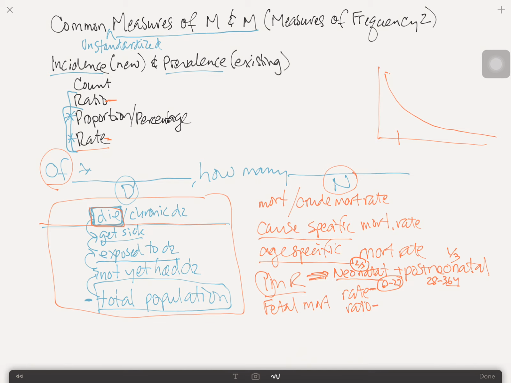So the very early part of an infant's life is this really dangerous part where you have mortality happening, and then it drops off. Now, during the later part of the infant's life, until they become a year old, depending on what country you're in, that curve may be shifted up or down.